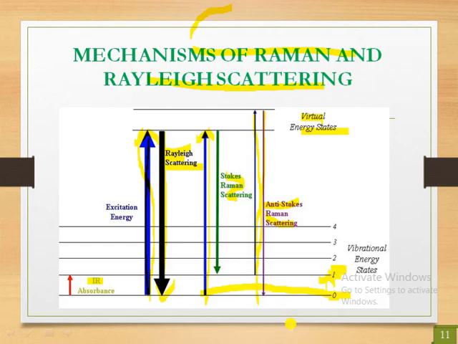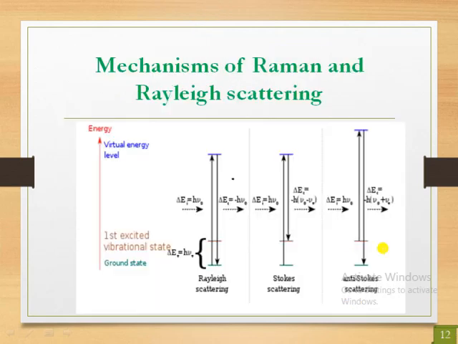So this is the basic difference between the Stokes as well as anti-Stokes lines. Here we can understand by the energy difference. You can see over here, for Rayleigh scattering there is the same frequency, and for Stokes scattering the energy difference is like this.